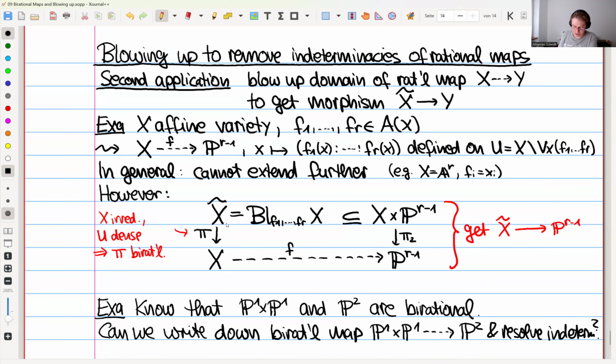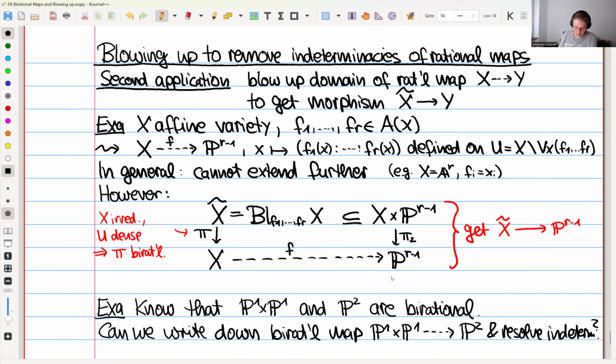And moreover, this diagram here commutes, because on the locus where this map is defined, U, we saw there's an isomorphism from U to its graph. And then if you take the projection to the second factor, this exactly gives you the map f. So this diagram commutes as a diagram of rational maps.